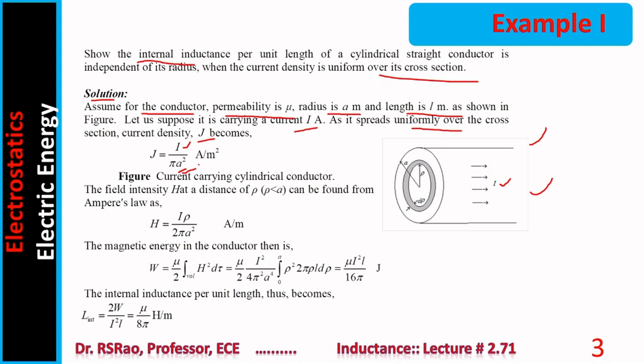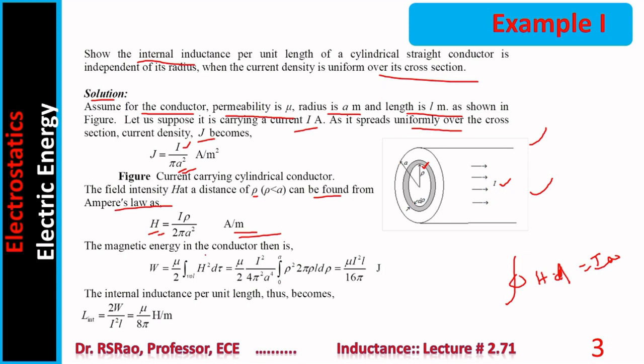The field intensity H at a distance rho less than a can be found from Ampere's law. H equal to I rho by 2 pi a square amperes per meter. Ampere's law is closed line integral of H dot dl equal to I enclosed. So using this relation, H can be computed.